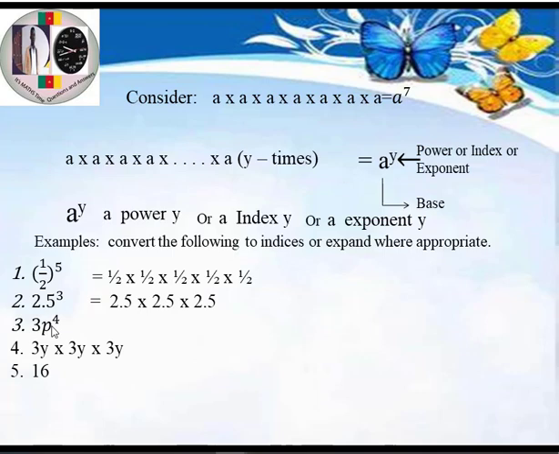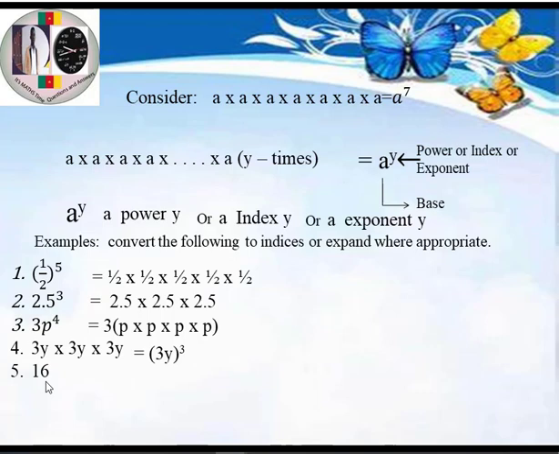So we get 3 into p times p times p times p. For 3y times 3y times 3y, 3y is multiplying itself 3 times, so we take 3y as the base and express it to a power, the number of times it multiplies itself, which gives us 3y power 3.